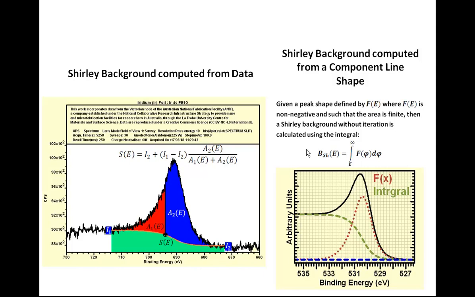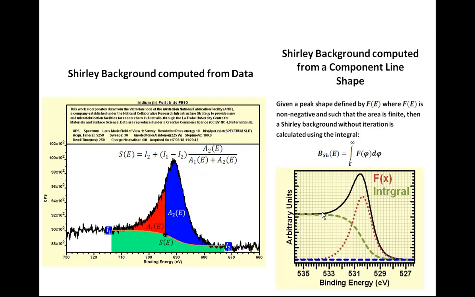Now, as an alternative to using the data to calculate a Shirley background, we can use a line shape and calculate the response that is equivalent to this calculation directly using an integral, and this integral produces a shape. But what we don't have when we specify a background that is calculated from a line shape is this increase in the background from the start to the end of the interval over which a background should apply.